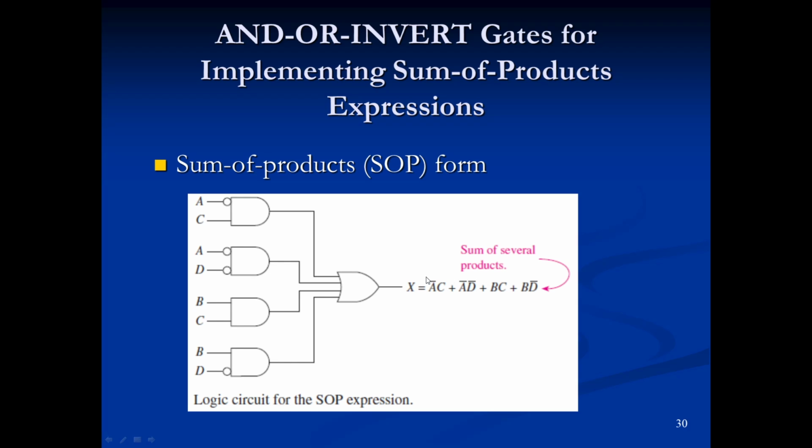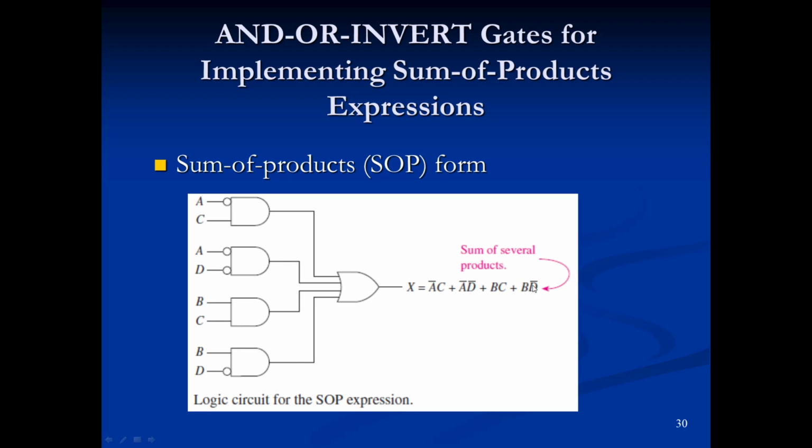which gives us our sum of products form, which you can represent as this: not A ANDed with C, and then our second term here, not A ANDed with not D, which is represented by this second gate here. The third gate, B ANDed with C, the third AND gate, and then B ANDed with not D, our fourth AND gate.